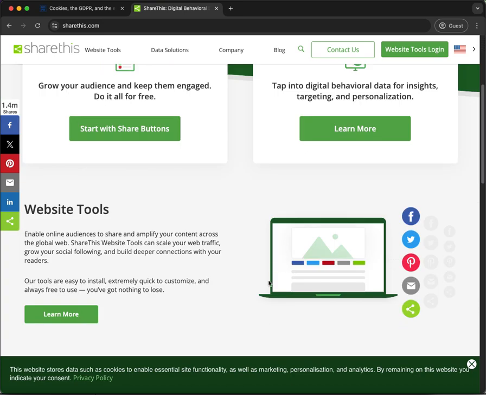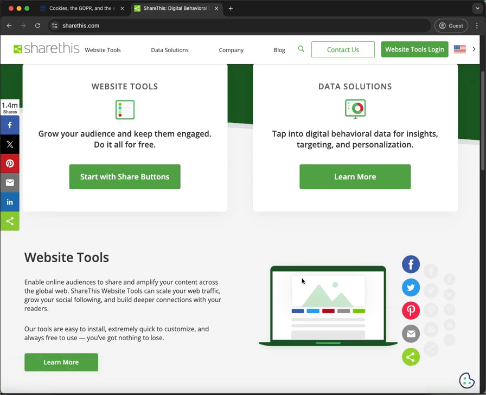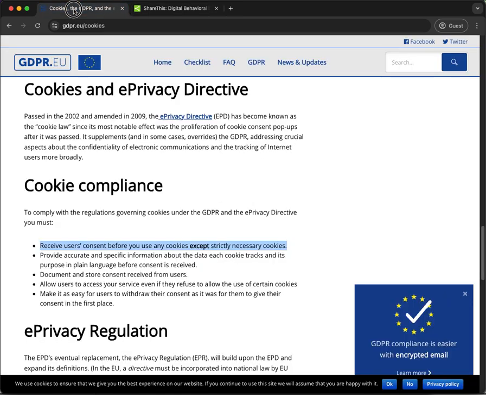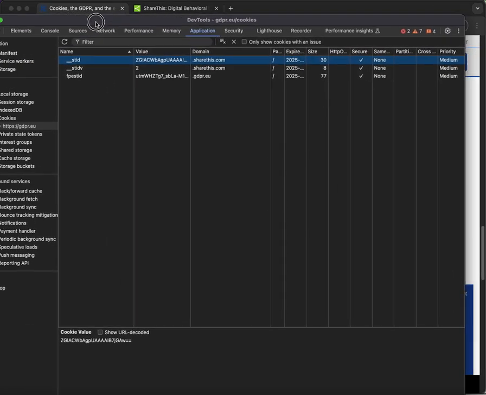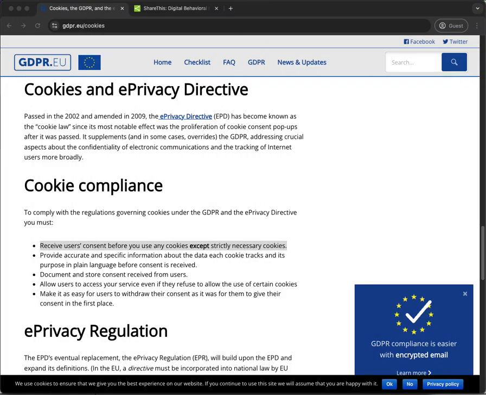So this is a third-party cookie that's tracking the user, and this is bad. The GDPR page on cookies does not comply with its own requirements because there's a third-party cookie here that's being used to track user behavior that I haven't consented to.